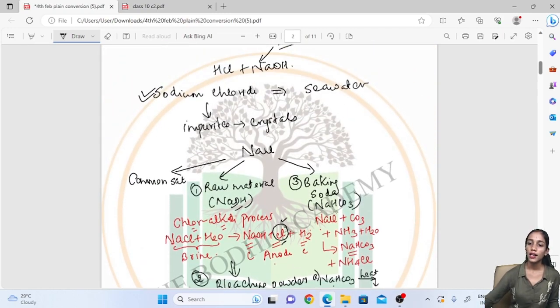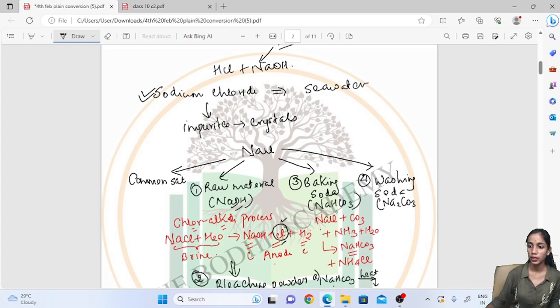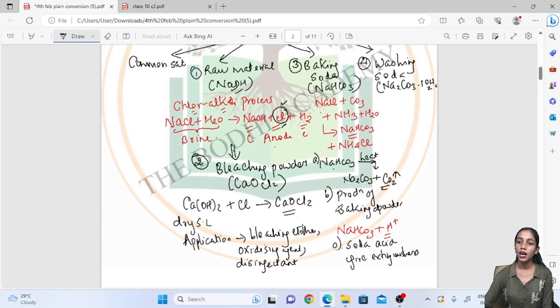Now the last product which we will be studying under this is washing soda. The chemical name is sodium carbonate 10H2O, which means sodium carbonate plus 10 molecules of water. We had seen in this reaction that when you heat sodium bicarbonate, you get sodium carbonate.